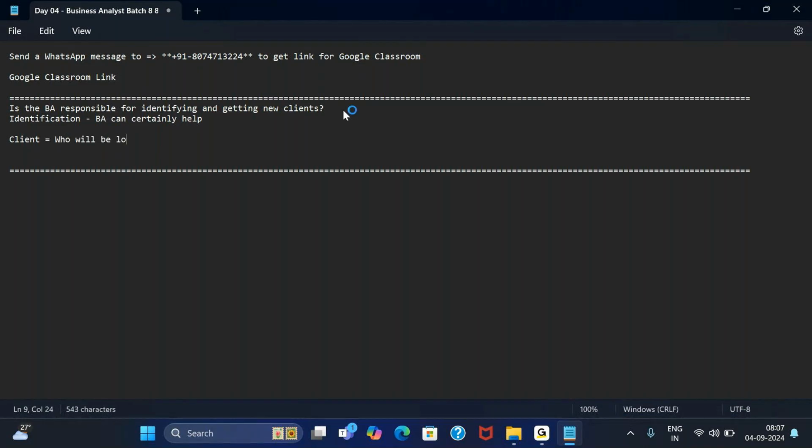who will be looking for an IT solution. For example, let's say I want to start a supermarket. For that supermarket I can look for a shop in and around my area, I can hire some employees through an agency, and I have some contacts, so I can get the grocery items for my supermarket shop.